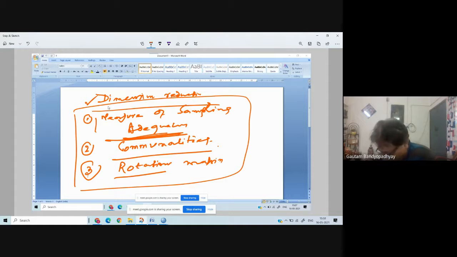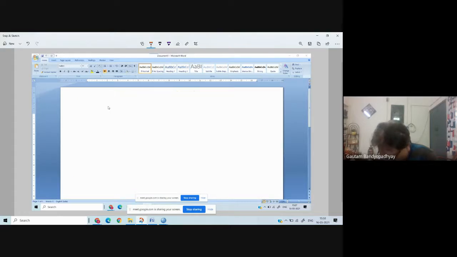Now, we already know that PCA or factor analysis is a multivariate technique. For a multivariate technique, there are some objectives. What are the objectives? First of all, structural simplification.